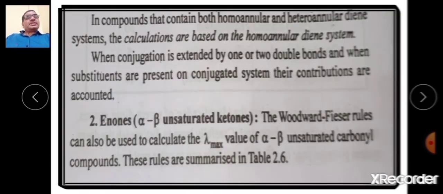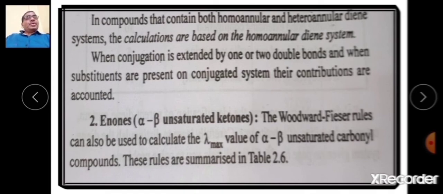We have seen this. Now, if a compound contains both homoannular and heteroannular diene systems, then the calculations are based on the homoannular diene system. For the heteroannular diene system, the base value is 214 nanometer, while for the homoannular diene system, it is 253 nanometer.